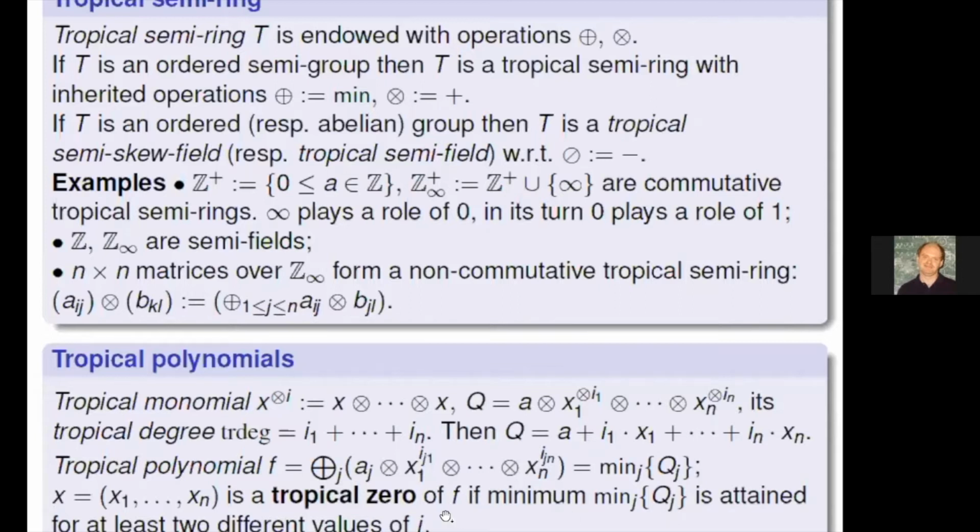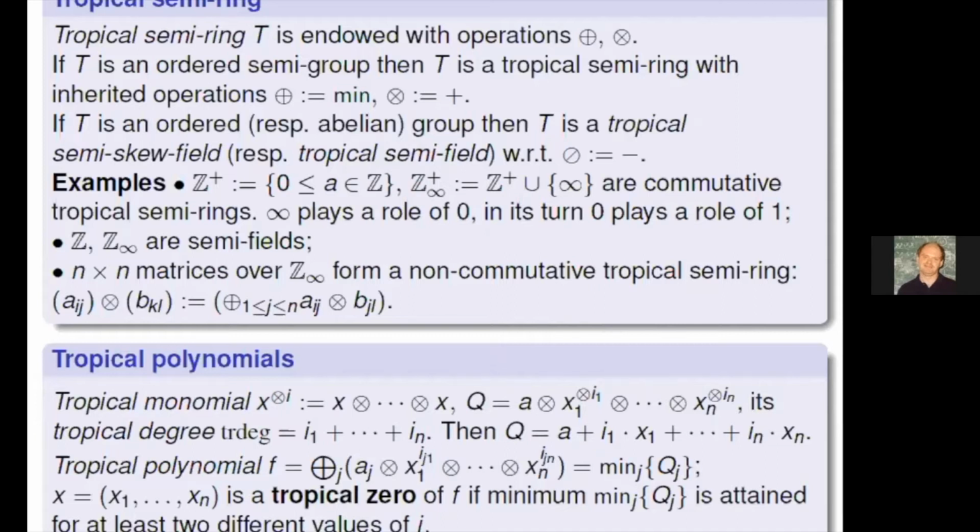In the geometric language, I said that a tropical polynomial is classically a minimum of linear functions. That means that tropical zeros are points where the tropical polynomial is not differentiable, is not smooth. Okay, so that's what we will have in mind.